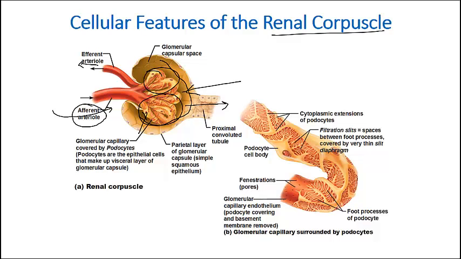Okay. Now if we zoom in on the structure of podocytes and how they are surrounding it, you will see an important feature. These podocyte cells also have cytoplasmic extensions. This cytoplasmic extension helps them to grab every single square centimeter of this capillary, right?